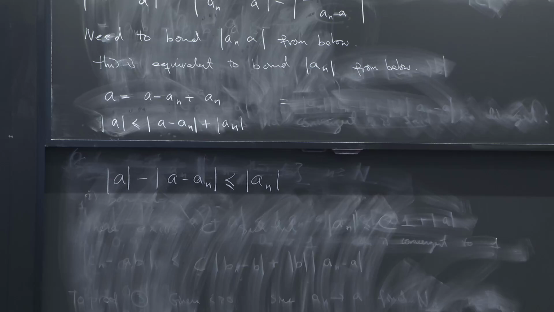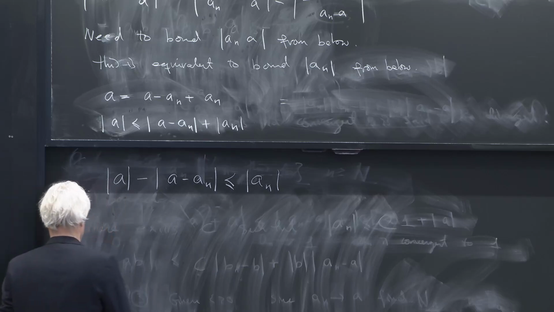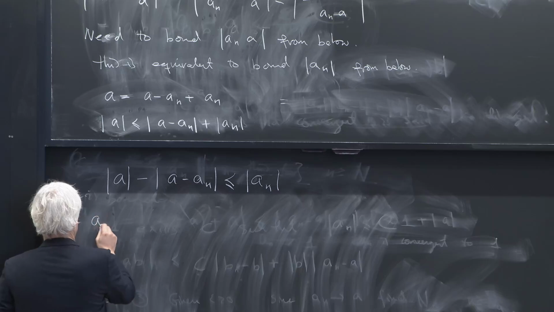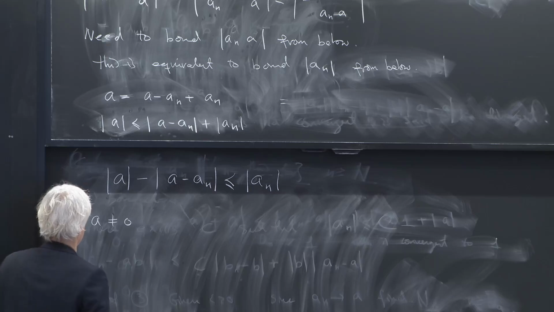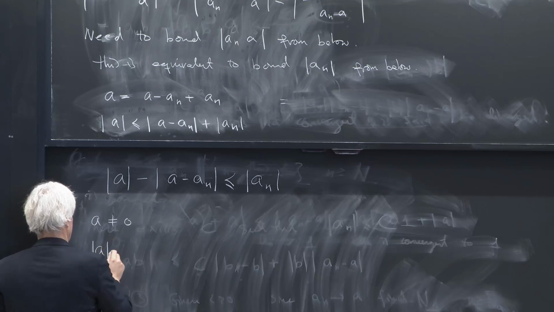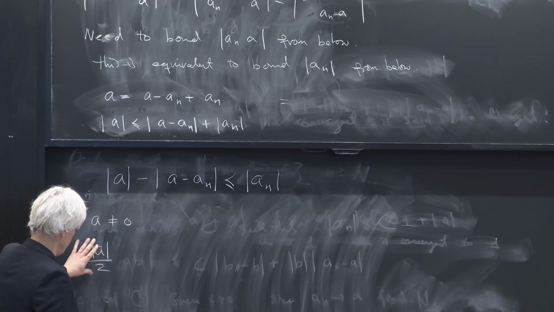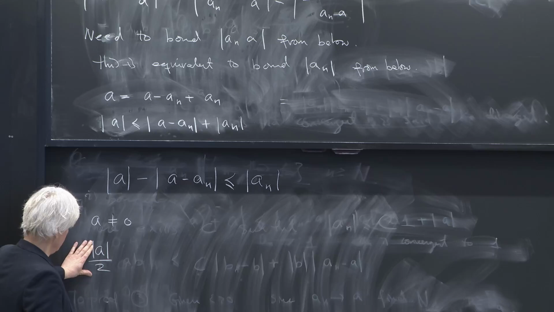Now we're going to use that A was not equal to 0, so this is bounded away from 0. So we can take, say, the norm of A over 2. This is a positive number because A was not 0.